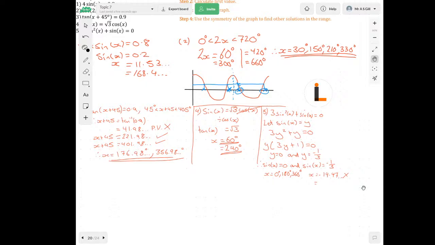But we should get at that using symmetry. We're going to get one answer of 199.47 degrees and 340.52 degrees, rounded to an appropriate value.